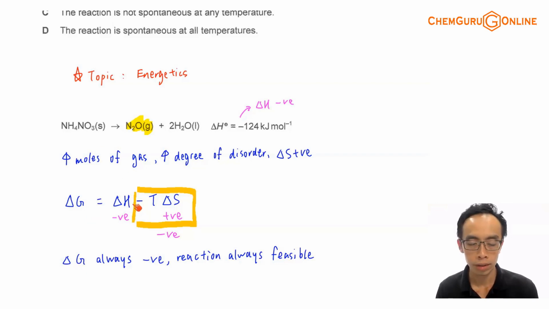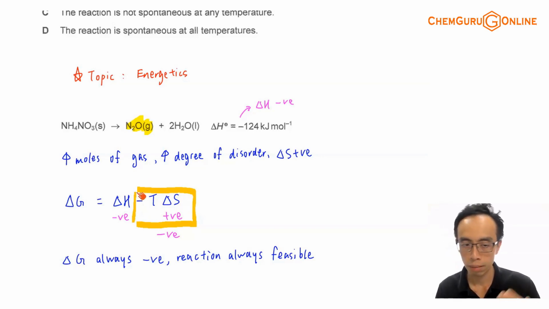So the sign of delta H is negative. The sign of delta S is positive. Then we consider the sign of the minus T delta S term. Since delta S is positive, minus T delta S will be a negative term, since temperature in Kelvin will always be a positive value.